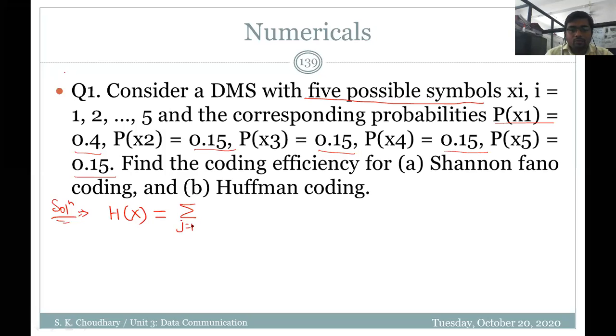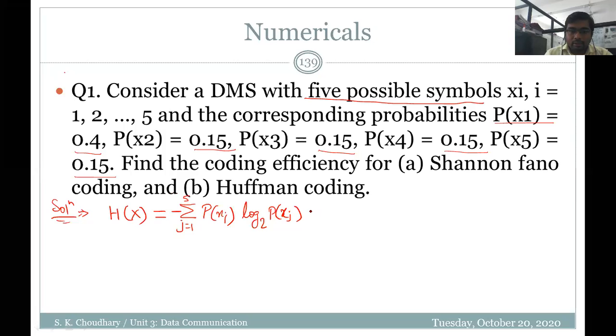H is equal to the sum over j equal to 1 to, here it is 5, so we take 5, of P of xj log of P of xj, with a negative sign when I am taking log base 2 of P of xj. Otherwise you can take a positive sign here and 1 upon log base 2 of P of xj.